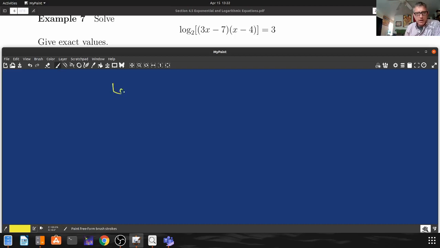So I have log to the base 2 of 3x minus 7 times x minus 4 is equal to 3.